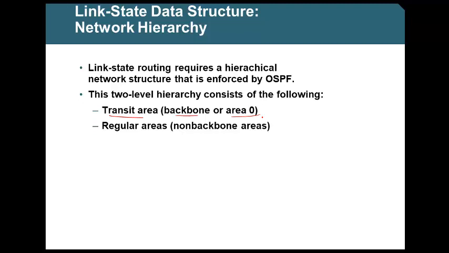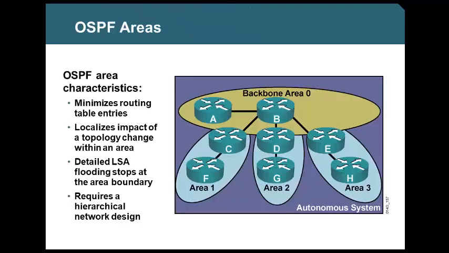As I told earlier, without areas, you cannot do even summarization. So when you do summarization, what happens is you are able to minimize the routing table entries. See, all the hundreds, 200 and many hundreds of networks, you will summarize and send.